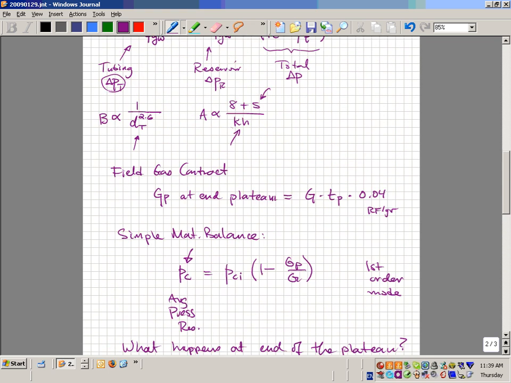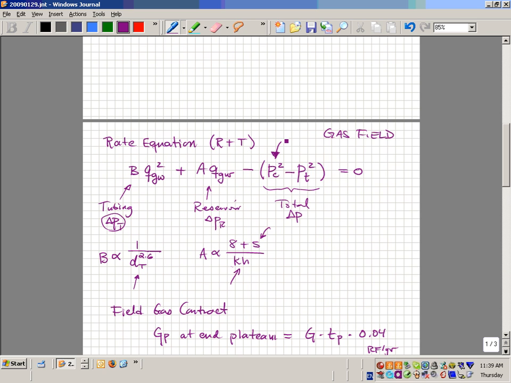So basically at the end of the plateau, this will be PCI times 1 minus recovery factor at 12 years, 0.48. That will be our PT minimum. Can't open the choke anymore.